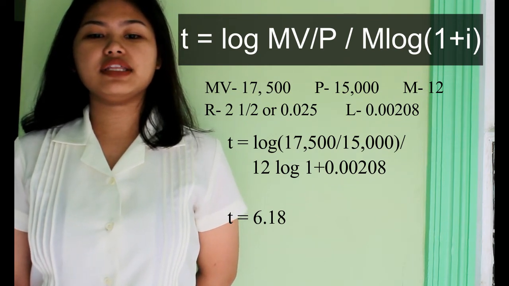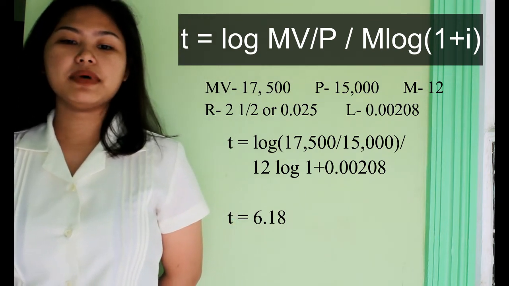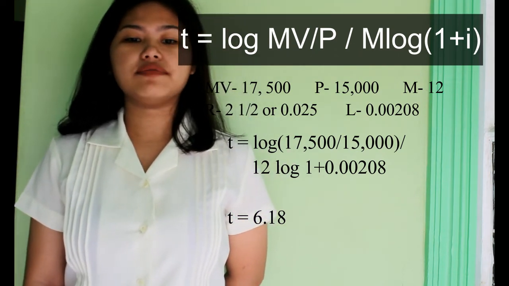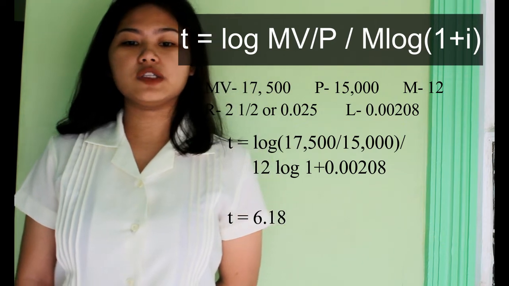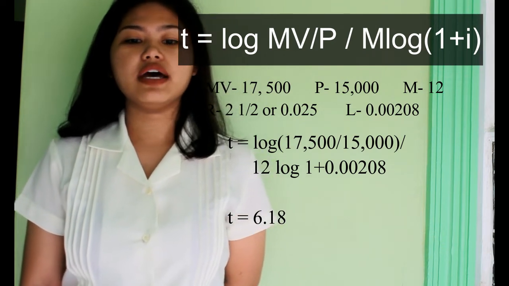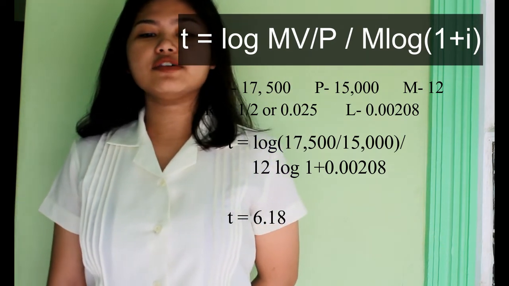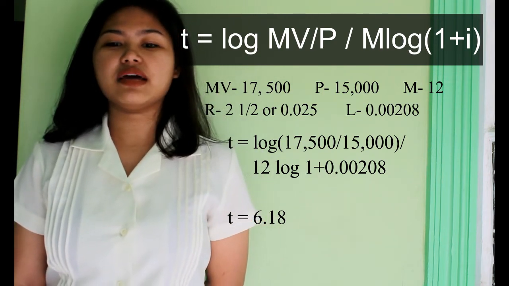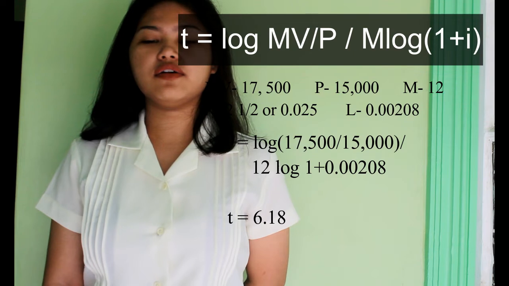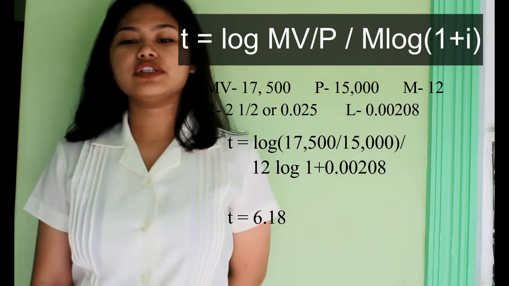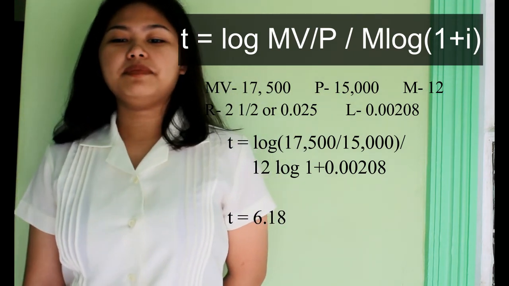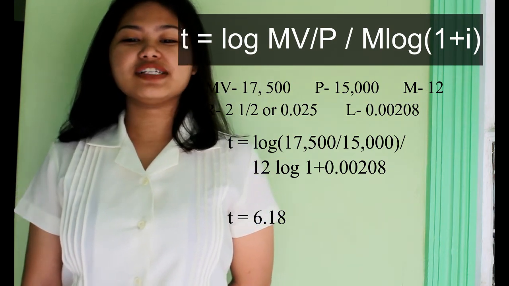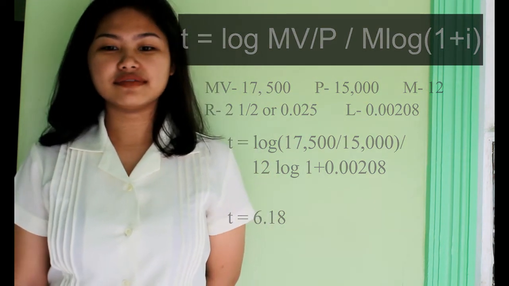Maturity value is 17,500, principal is 15,000, m is 12, rate is 2.5% or 0.025, i is 0.00208. Time is equal to log of 17,500 over 15,000, over 12 times log of 1 plus 0.00208, which is equal to 6.18.